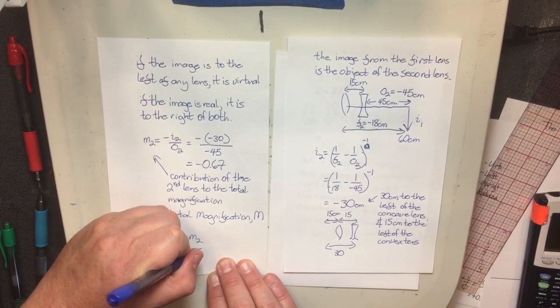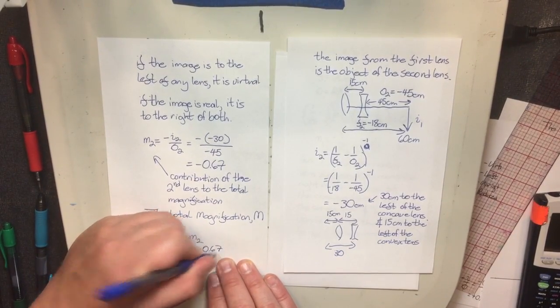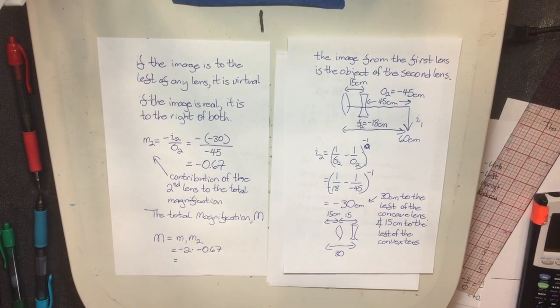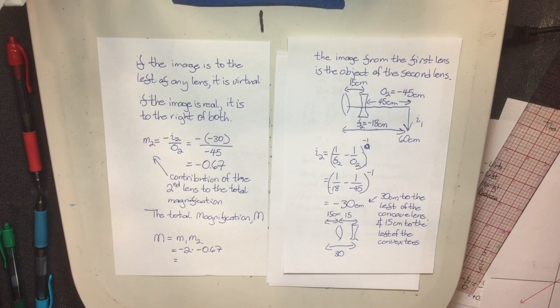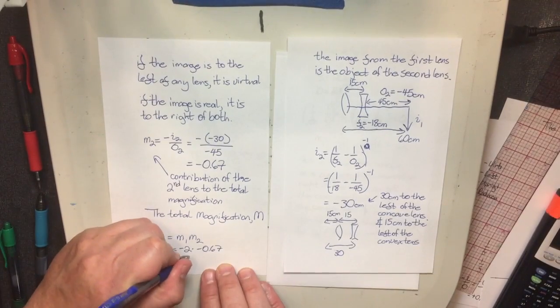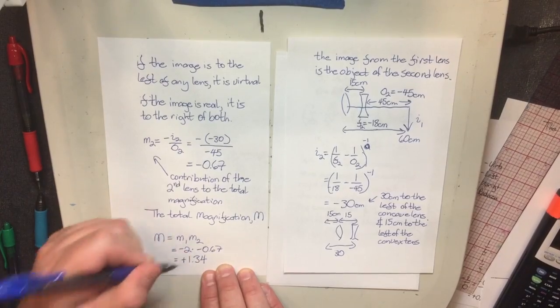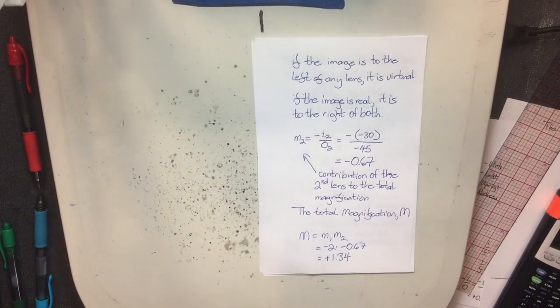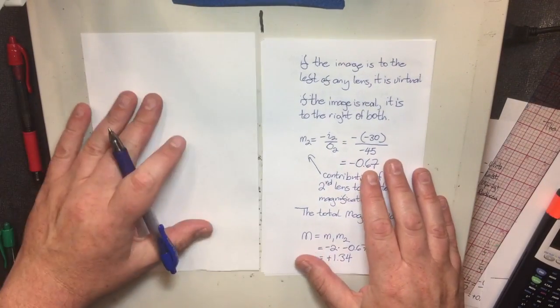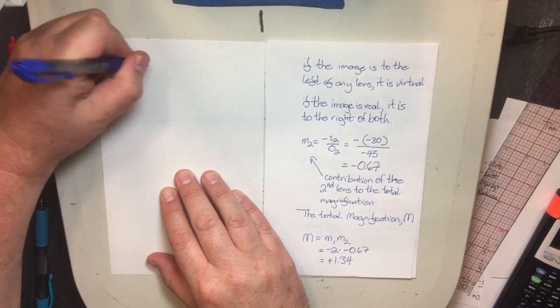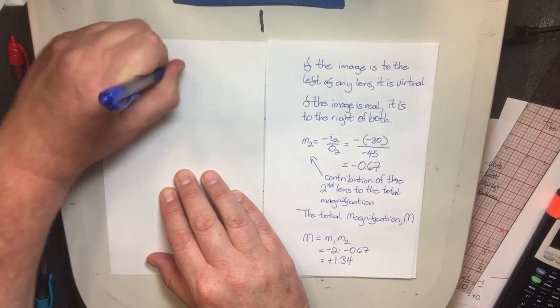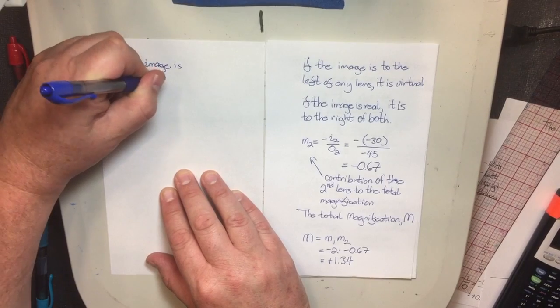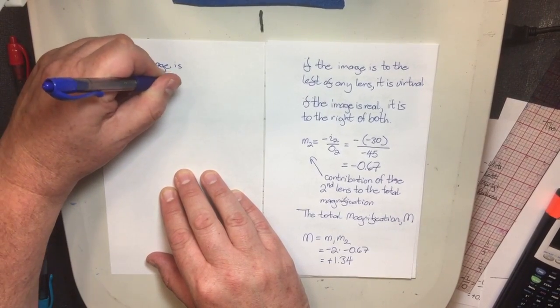M2, negative 0.67. And so what we get is positive 1.34. So in summary, the image is virtual. Oh, so virtual.